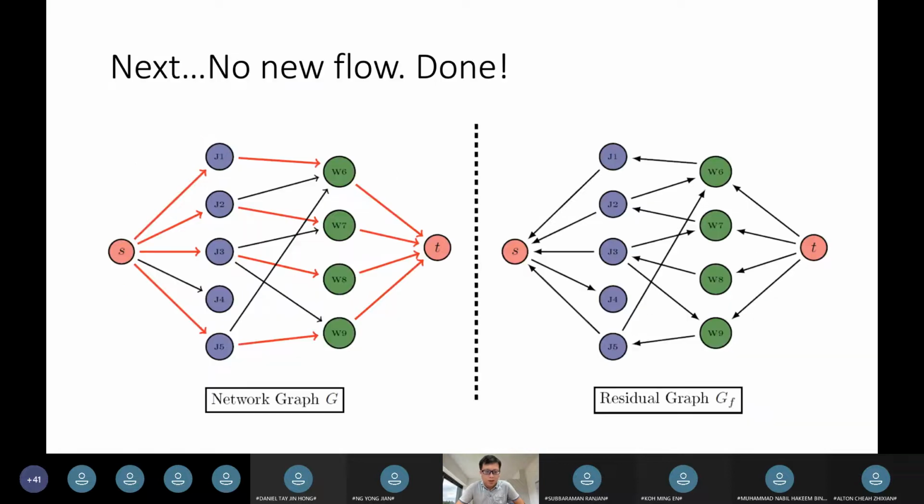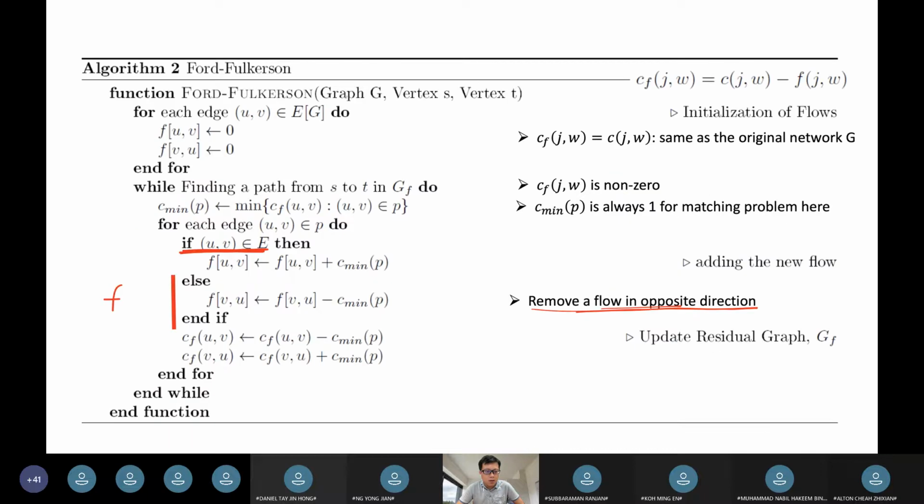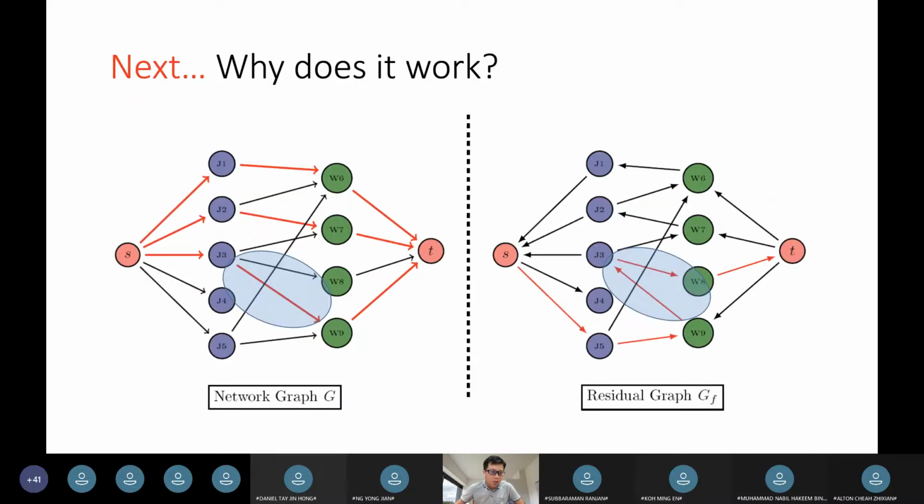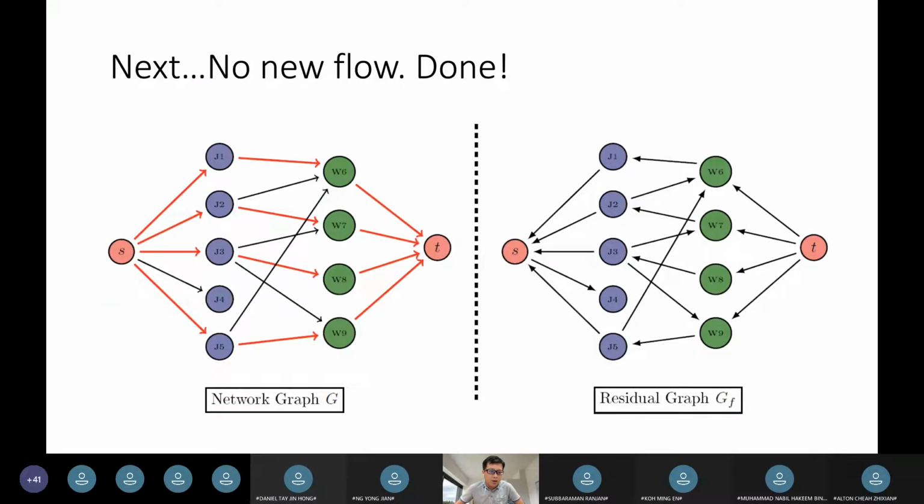So that's why we delete it. J3 to W9, okay? Right? So we delete it, so that's why we make it not highlighted. J3 to W9 in the original graph, we delete it.